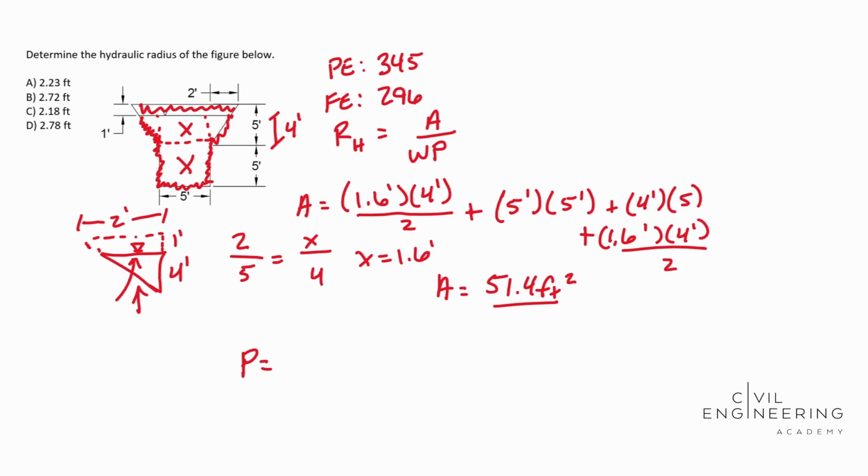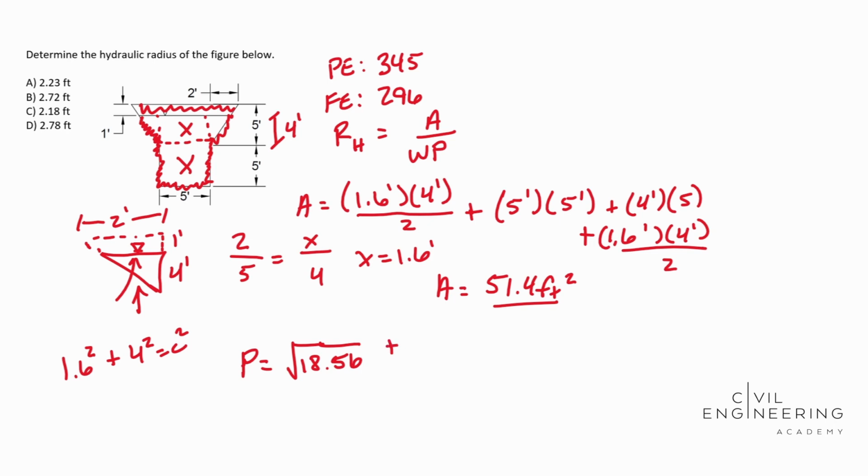And so a squared plus b squared equals c squared. You end up with the square root of 18.56. This is using that 1.6 feet. So 1.6 squared plus your 4 squared equals your c squared, and that's where that square root came from.